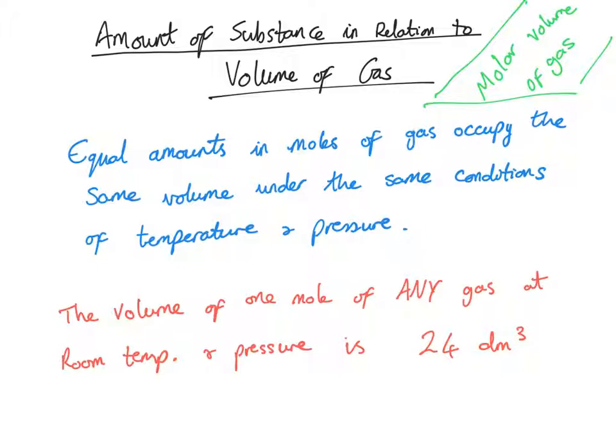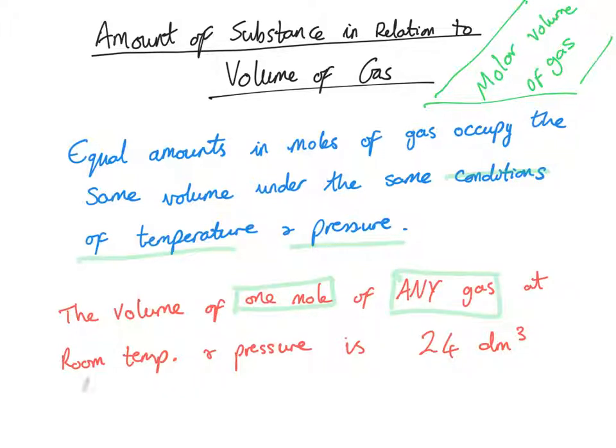Equal amounts in moles of gas occupy the same volume under the same conditions of temperature and pressure. So as long as you stick to these same conditions, this next statement is true. And that's the volume of 1 mole of any gas at room temperature.